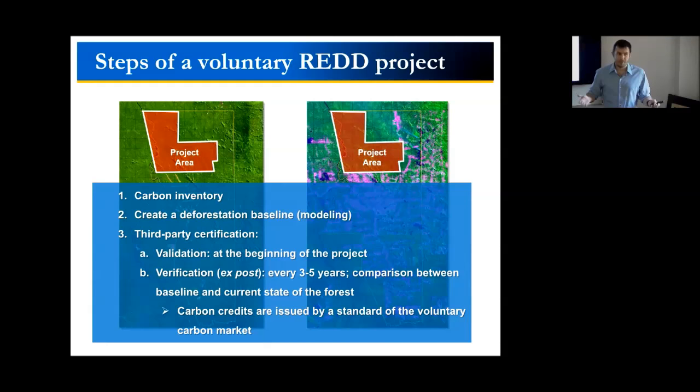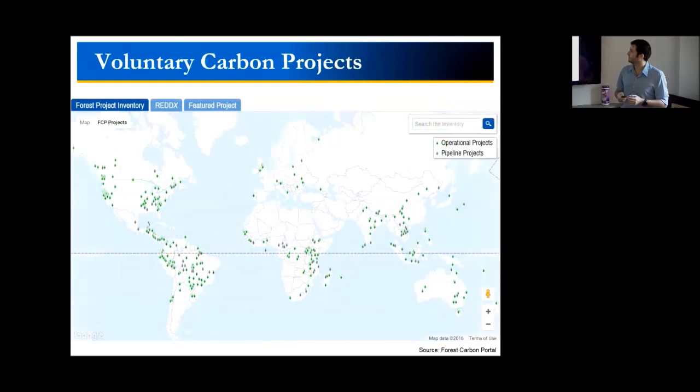It's based on performance. Is this clear? So once the auditors say everything's fine, you get carbon credits issued by the standard that you choose. And then you can sell those in the market.